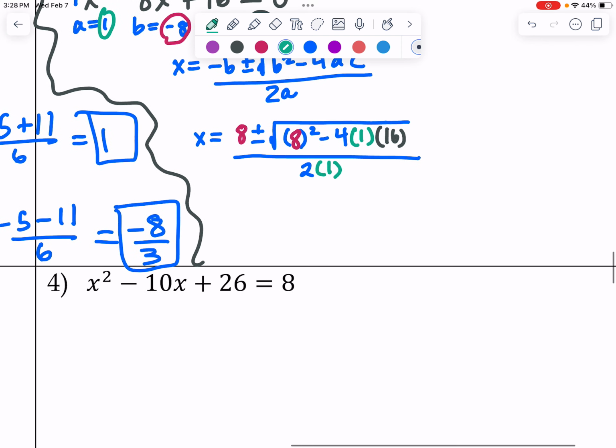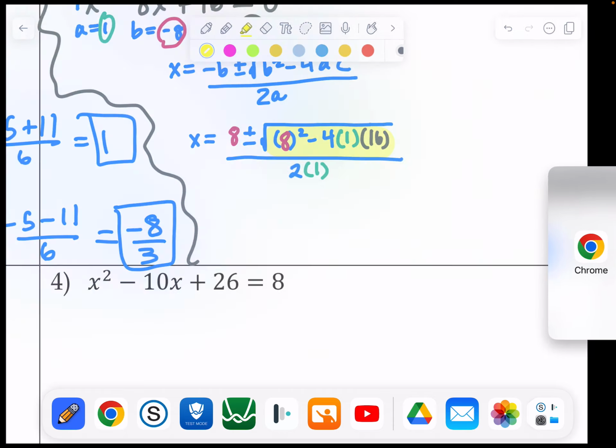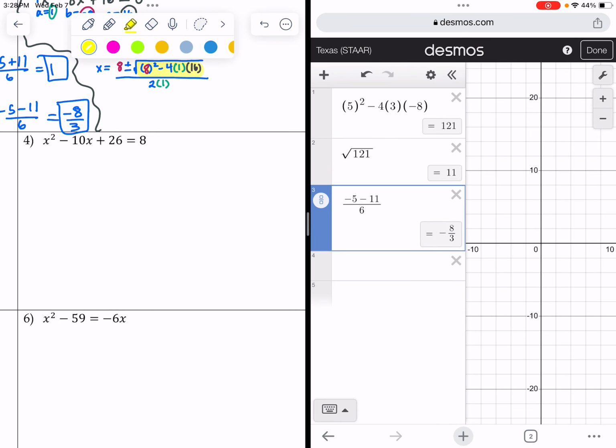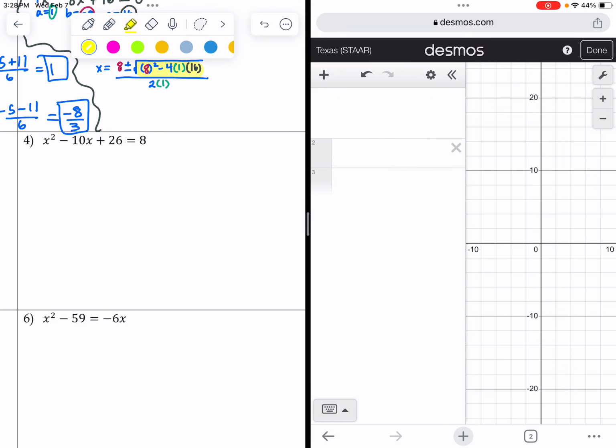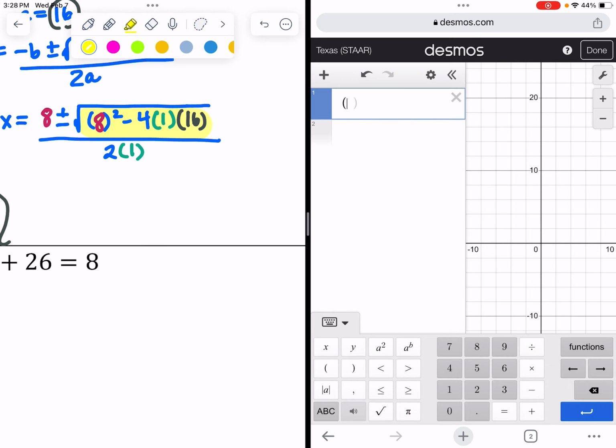Okay, and so now we're going to number crunch in the calculator everything that's under the radical. Don't type the radical. So 8 squared minus 4ac.